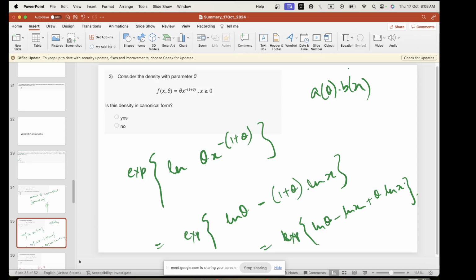Then after that we can check the x containing term, bx. If bx is equal to x, then we say this is in the canonical form, based on the form that we have discussed so far. So here you see bx is what? It is actually ln x. So this is not in the canonical form.